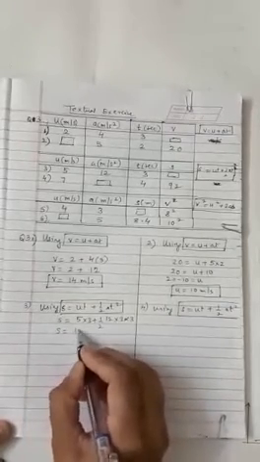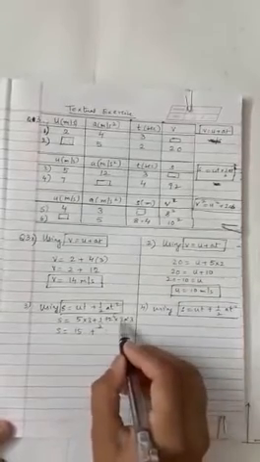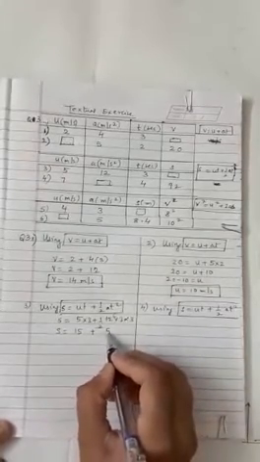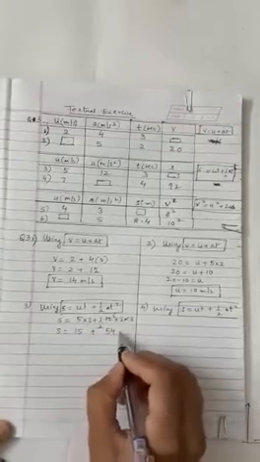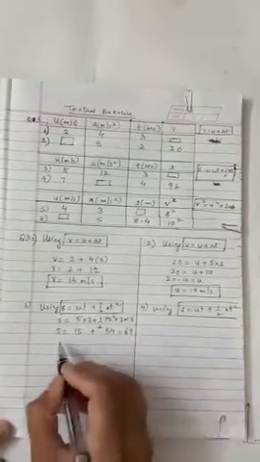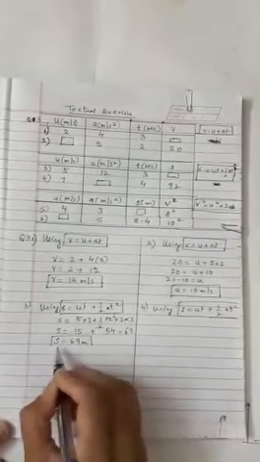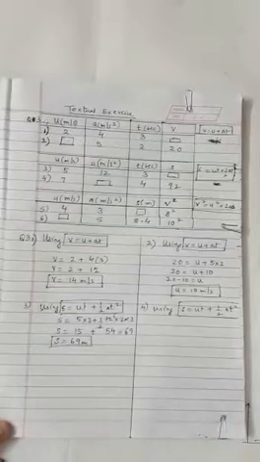So 5 3s are 15 plus 2 1s are 2, 6 3s are 18, 3 9s are 27, that is 54. So what is 54 plus 15? It is 69. So S is equal to 69 meters.